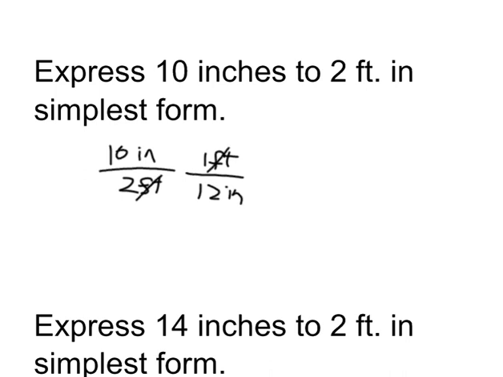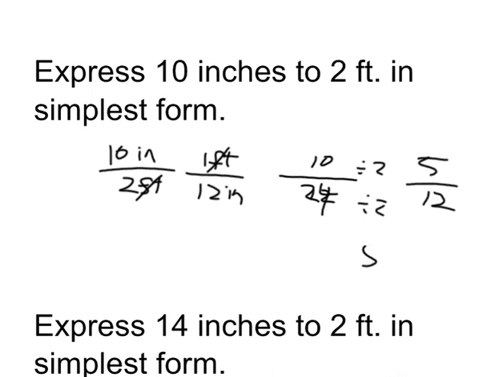By doing that, I can get feet to cancel out, and I'm left with 10 times 1 is 10 in the numerator, and 2 times 12, which would be 24 in the denominator. So I've got a 10 to 24 ratio. I need to reduce that. I can divide both the numerator and the denominator by 2, and I will get 5 to 12 as my ratio. It can also be written as 5 to 12, like that.